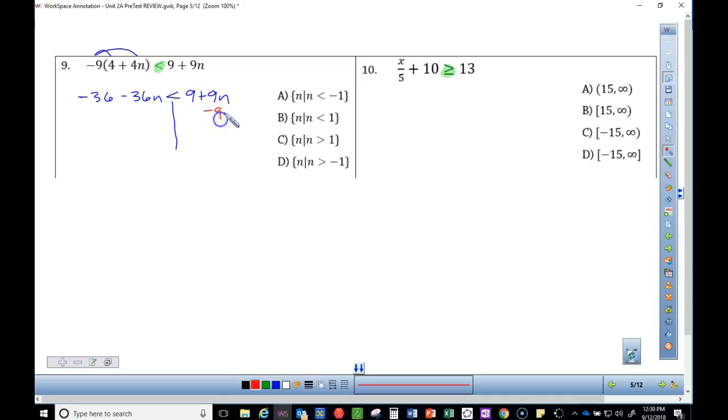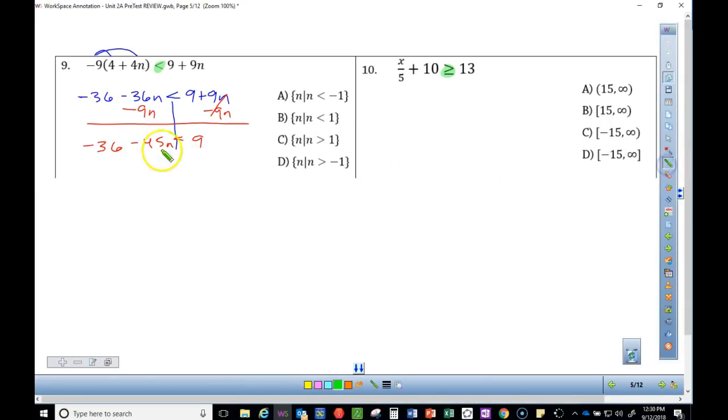So I'm going to minus this one. When I'm doing inequalities, I definitely like to try to bring things to the left so I don't have to rewrite them at the end. So I have negative 36, and then negative 36 minus 9 more will be negative 45n is less than 9.